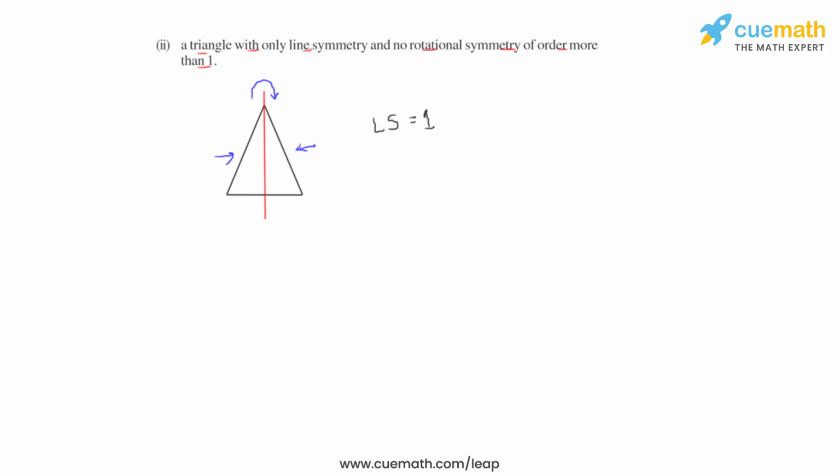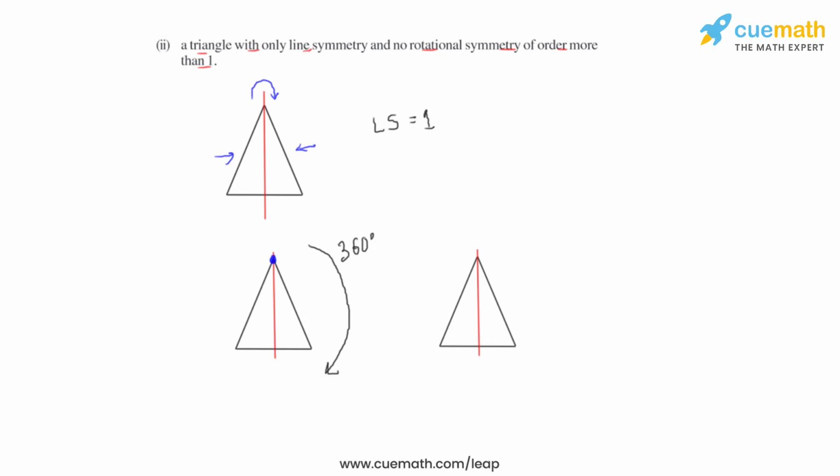And when it comes to its rotational symmetry, if we again take this triangle, let me mark this part as blue so that it can help us track the rotation of the figure. So this figure will have to be rotated by a total of 360 degrees in the clockwise direction to get to the next figure, which is this.